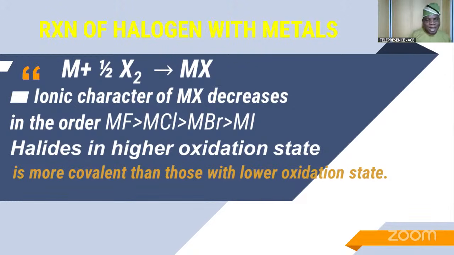And that shows that the halides in the minus one oxidation state are purely electrovalent. Then halides in the plus one oxidation state, all down, are more covalent than that of the halides of group 1.